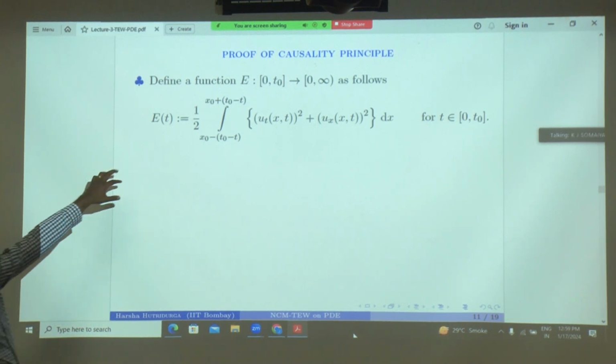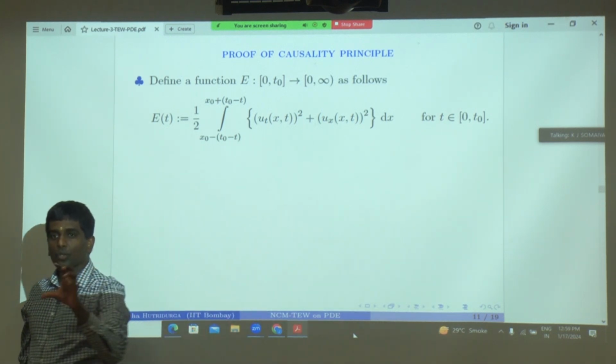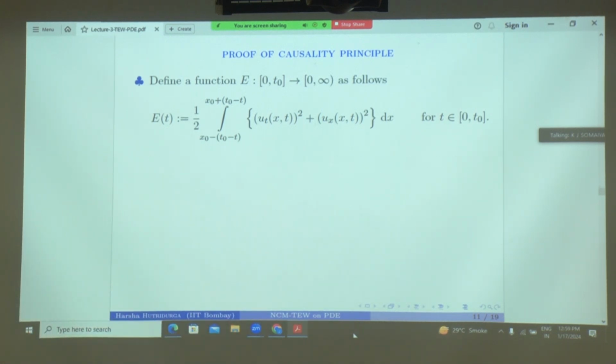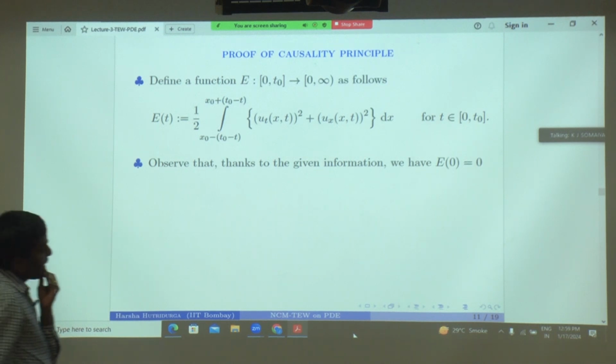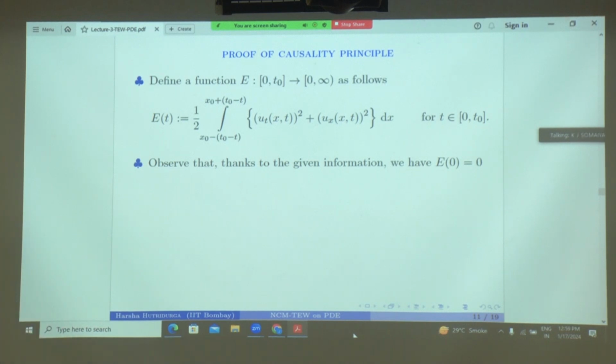Now, what is happening in E? You are integrating non-negative quantities. So it's a non-negative function. Okay, first thing is that. And also another thing is E of 0 is 0. Can you see that? Because in the statement of the causality principle, what did we say? u at (x, 0) is 0 and u_t at (x, 0) is 0. That is given, that in the base of this triangle, your u and u_t are 0.